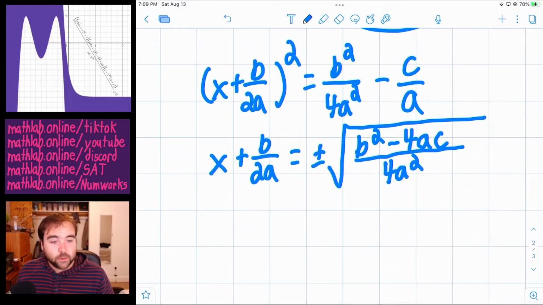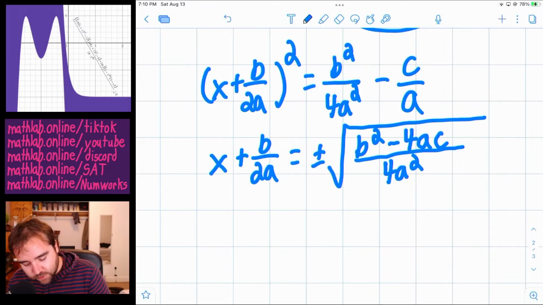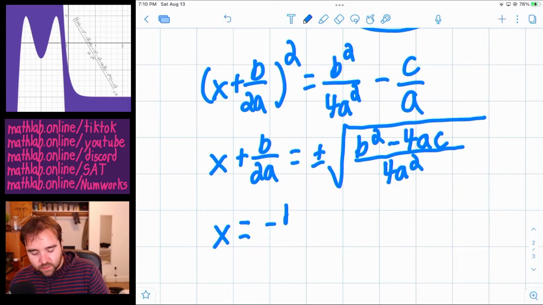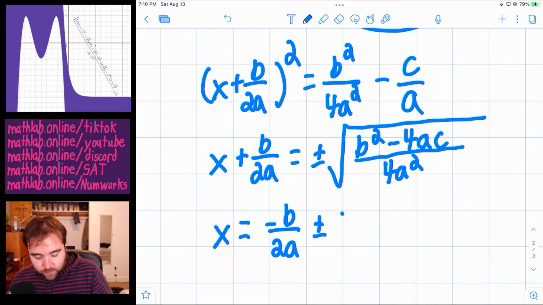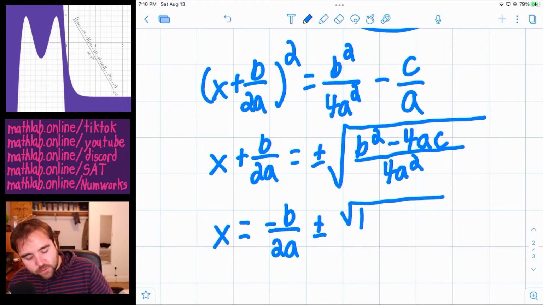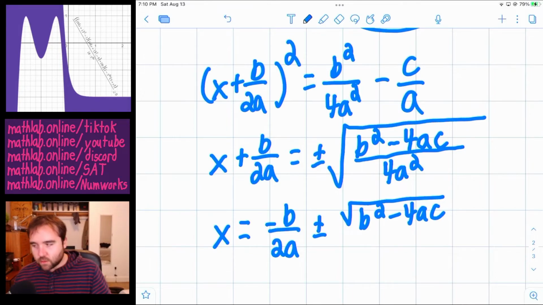All right, that's beautiful. So what next? Well, we're square rooting a fraction, so we can square root the top and the bottom. And we can also subtract that fraction to the other side and get x by itself. So x equals negative b over 2a plus or minus, and then square root the top and the bottom. So there's nothing we can do here, just b squared minus 4ac.